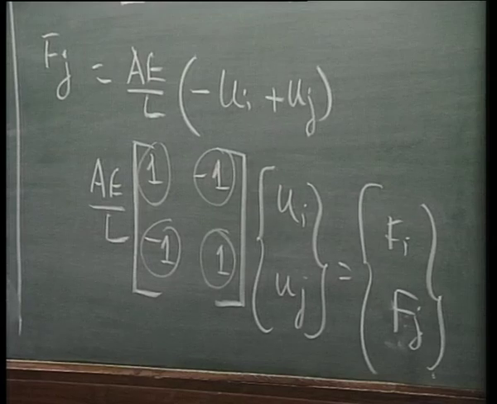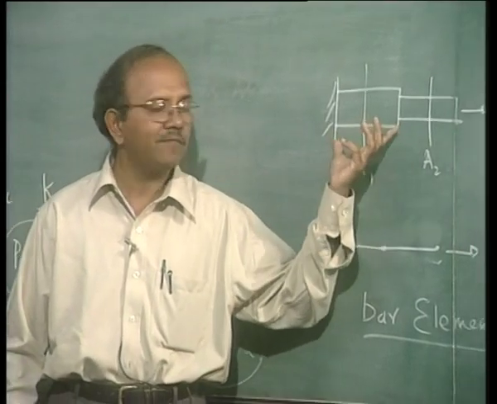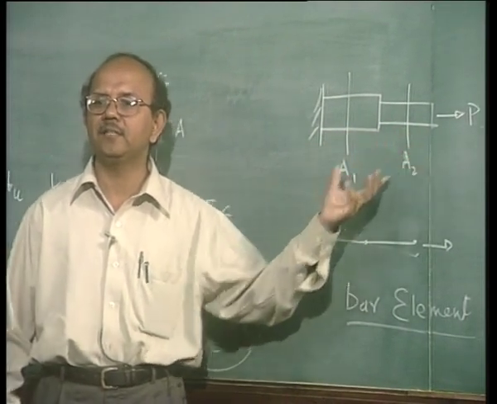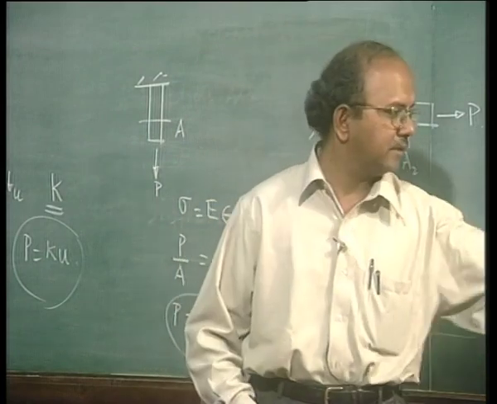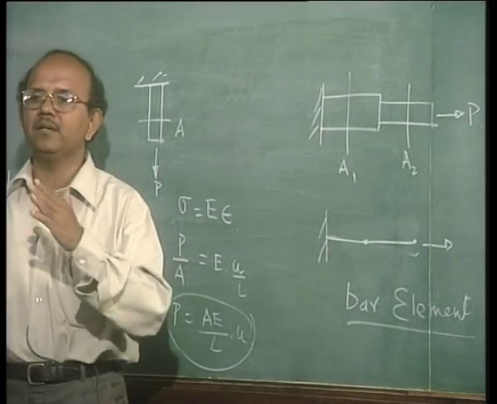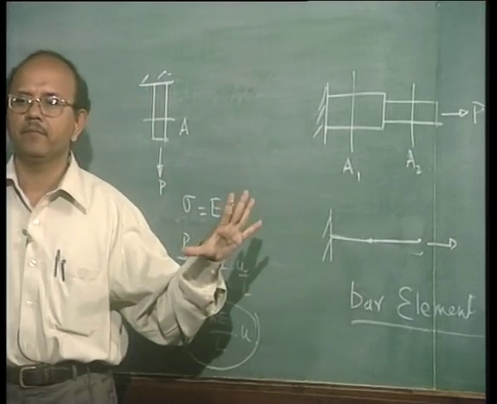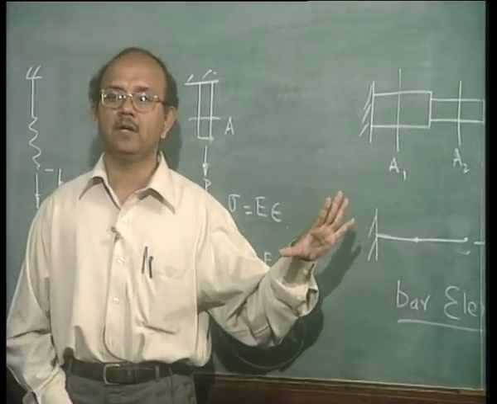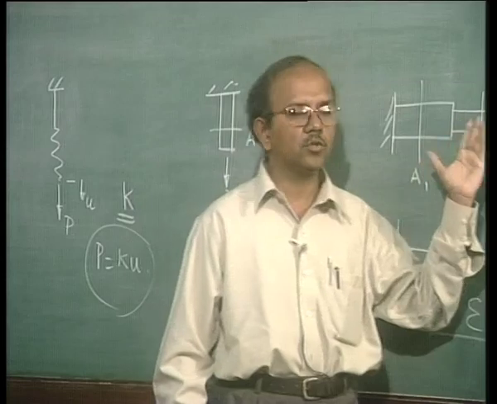Now, it is very simple to understand that I can have, say, 2 bars, or 2 sections in a bar, with different A's, different E's and different L's. So the only thing is that A, E and L would change. It would become A1, E1, L1, A2, E2, L2 and so on. Now, let us see how we can determine a composite or an assembled matrix of a bar which looks like this.